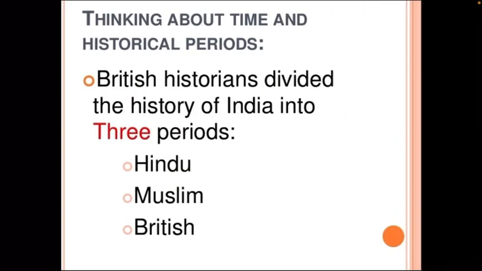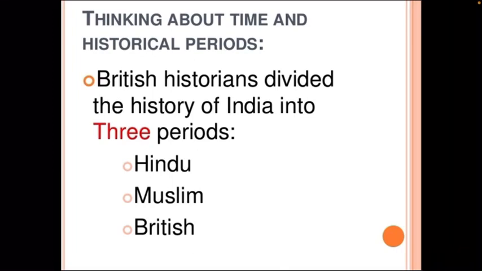Thinking about time and historical periods, the British divided Indian history into three periods: Hindu, Muslim, and British. But these are better known as ancient, medieval, and modern.